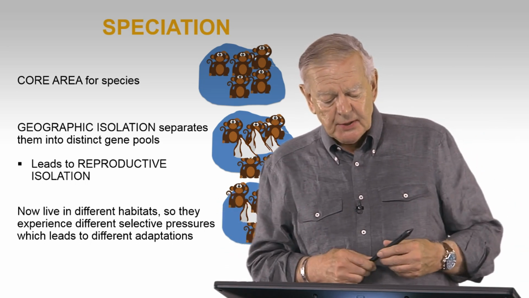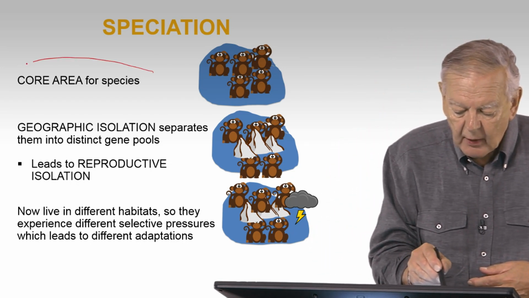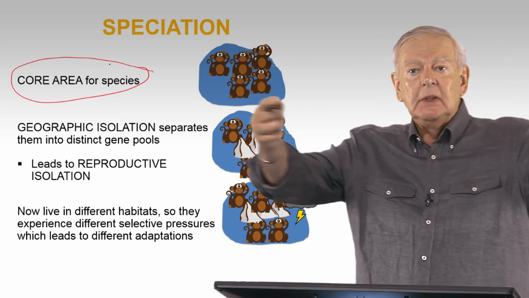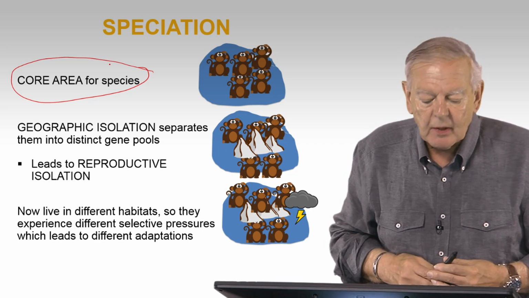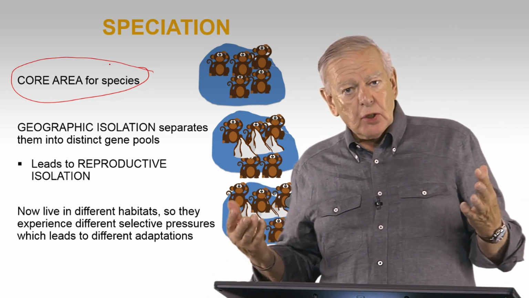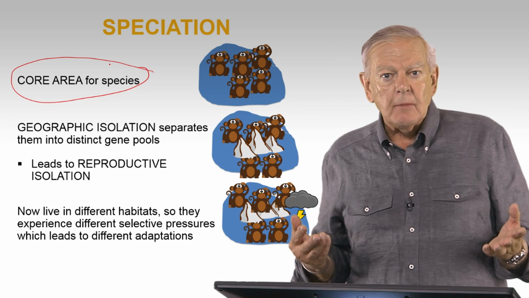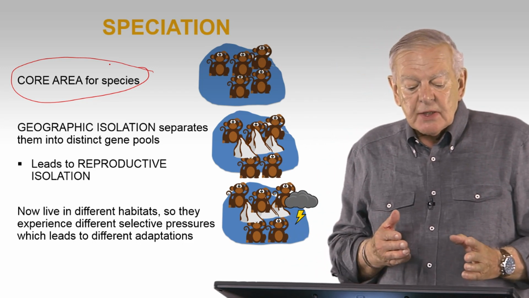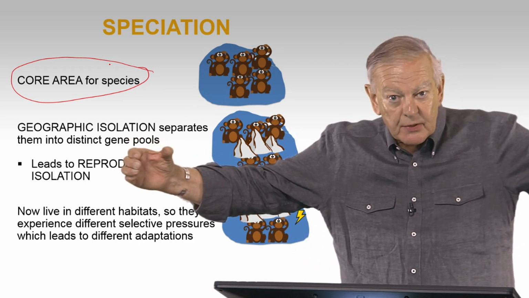You've got a bunch of monkeys here, and this is known as the core area for the species. Let's say that core area encompasses 5,000 square kilometers or something or other. And because of geological changes, a major river comes along and separates that core area into two areas.